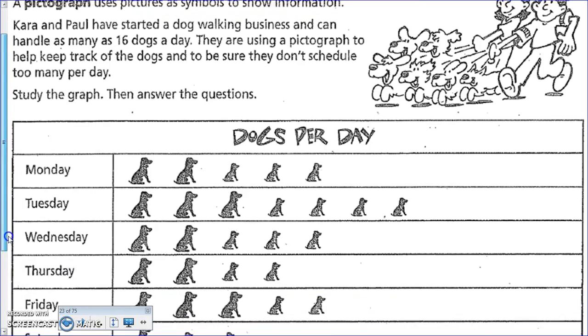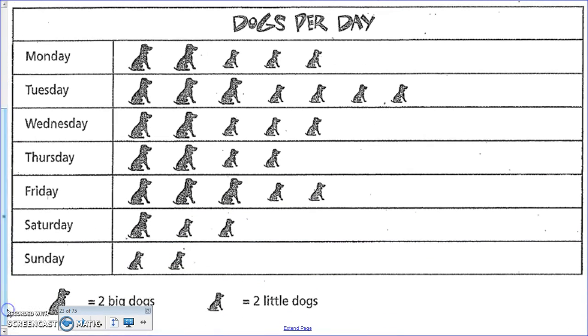So we look back at our graph, we're looking for a day that has 3 little dog pictures on it, because we know each little dog stands for 2 little dogs, actually. So 3 pictures stands for 6 dogs. So if we look, Monday has 3 little dog symbols, and Wednesday. So on Mondays and Wednesdays, they walk 6 little dogs.